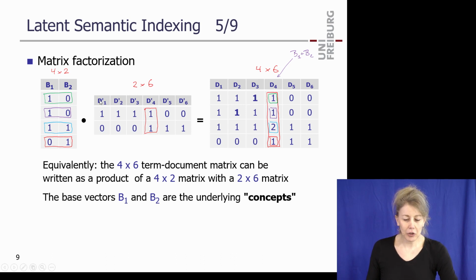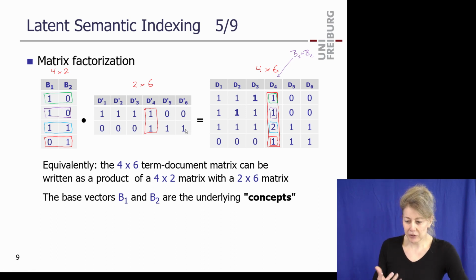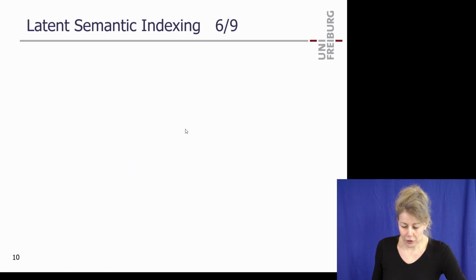Each document is just a linear combination of the 2, and this matrix tells you which linear combination. D1, D2, D3 are just B1, just web surfing. D4 is both, and D5 is just the second one. So that's just understanding matrix multiplication in terms of documents and terms.